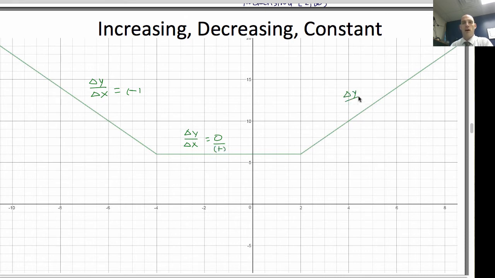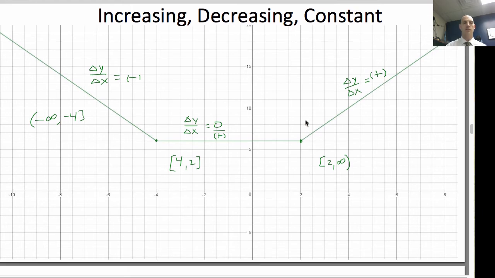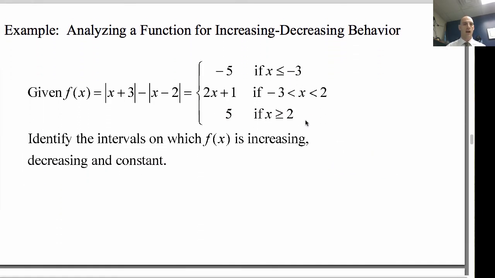This one, my change in y over my change in x is positive. Negative slope, no slope, positive slope. And you include it in those intervals here. So this is from negative infinity all the way up to negative 4. This is from negative 4 to 2. And this is from 2 all the way to infinity. That's how this works. Defining those intervals of increasing, decreasing, and constant.